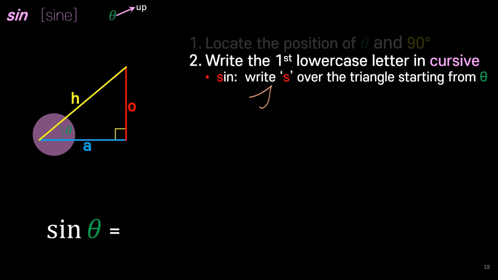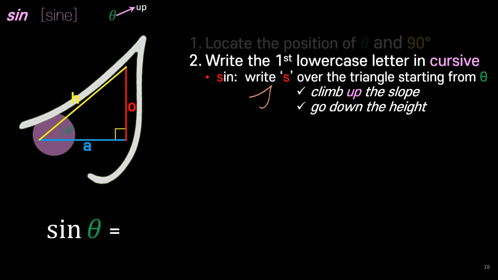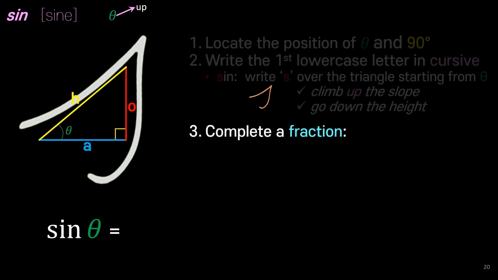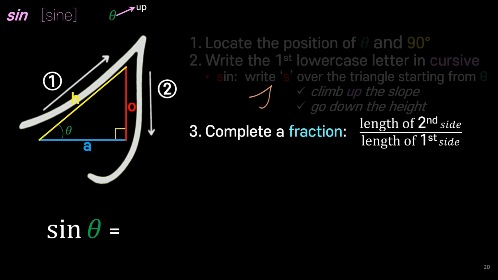Since we're calculating sine theta, write the lowercase letter s in cursive style over the triangle, starting from angle theta. First, climb up the slope, then go down the height. Finally, complete a fraction. Place the first side you encountered in the denominator, and the second side in the numerator. Now, you should know the value of sine theta, h under o, or simply h, o.